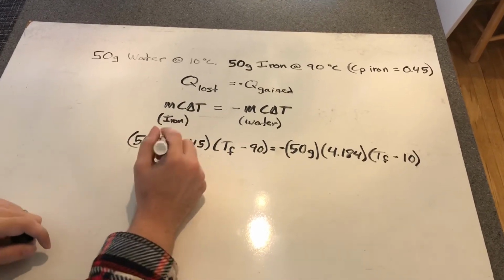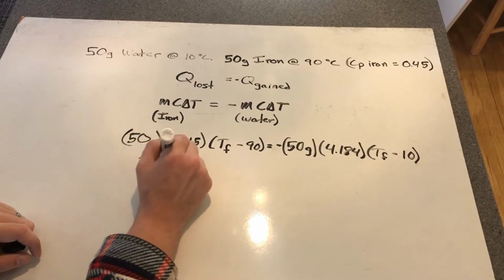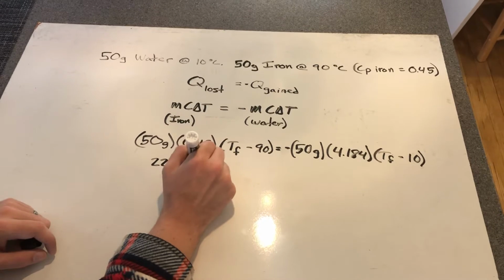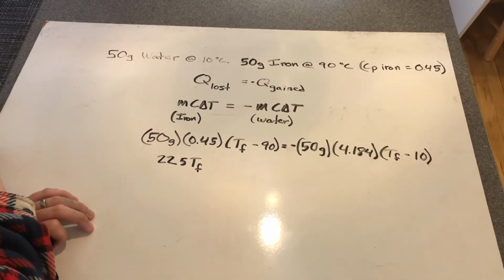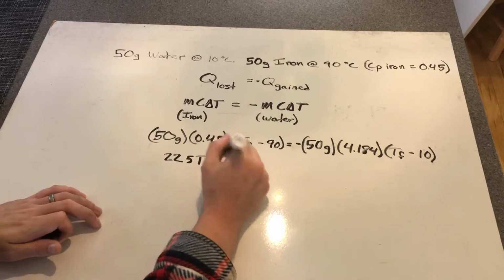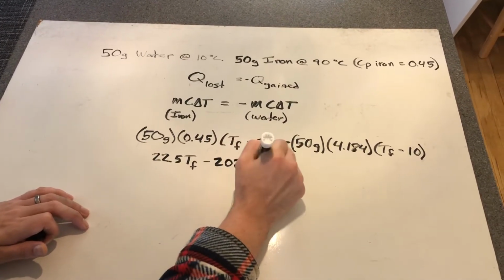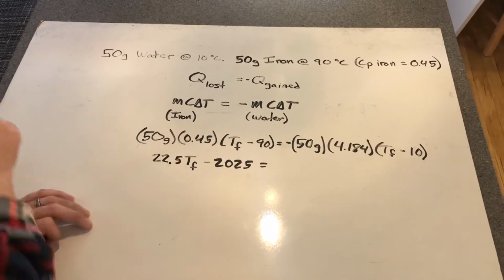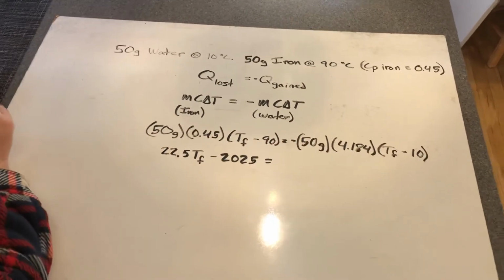So 50 times 0.45 is 22.5. So we could say 22.5 TF times 90 minus 2025. Is this simplified? And then on the other side, remember we have to carry this negative all the way through.